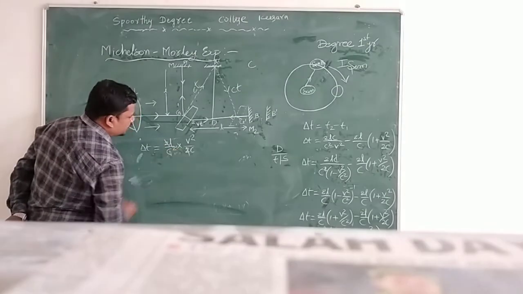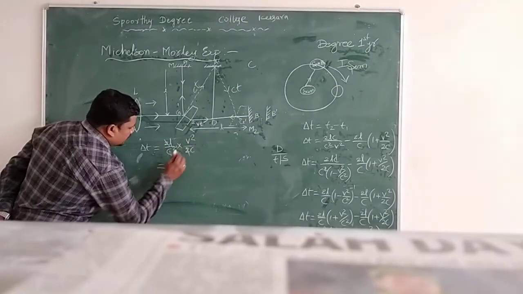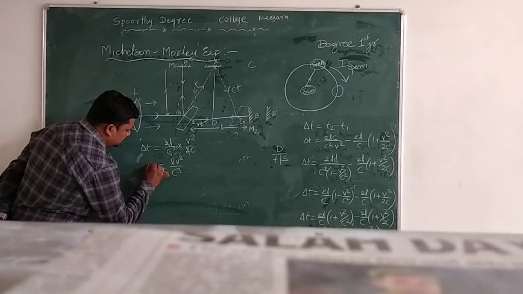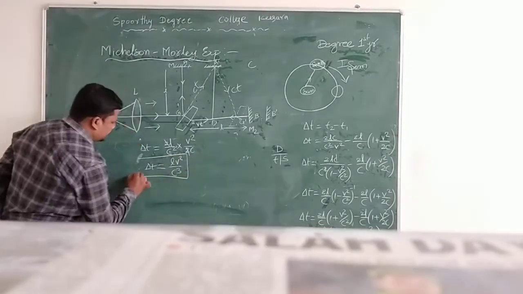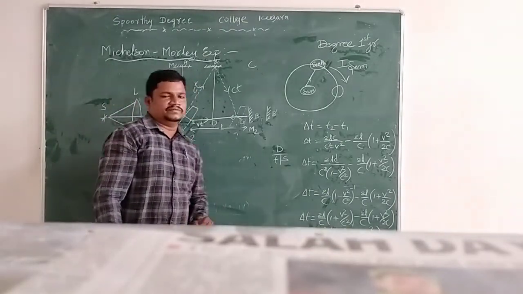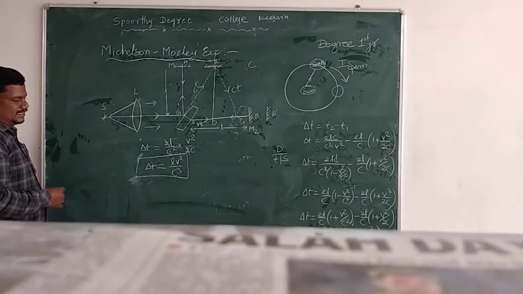Then C square. Lv square by C cube. This is the total time. But what value do we find out? We find out the value of velocity of the earth.